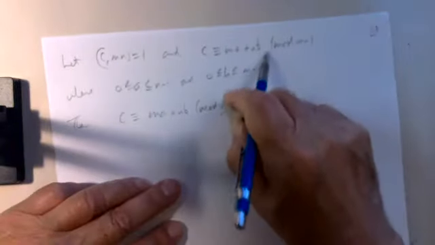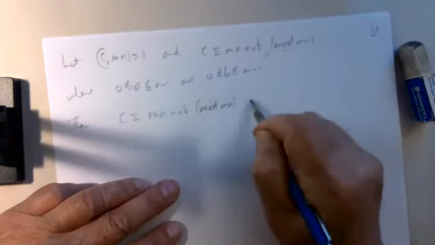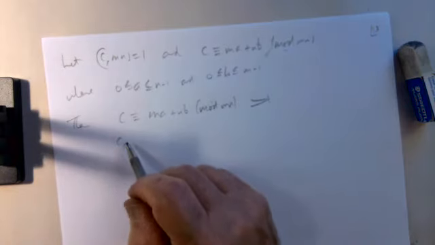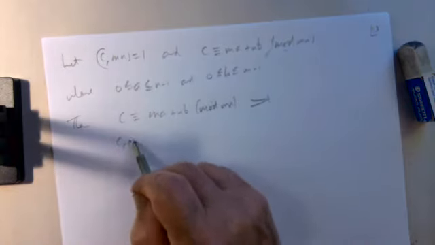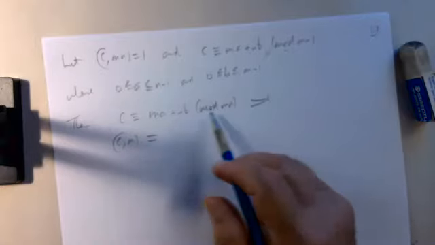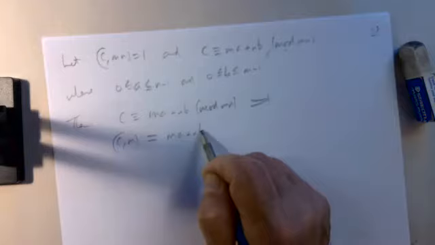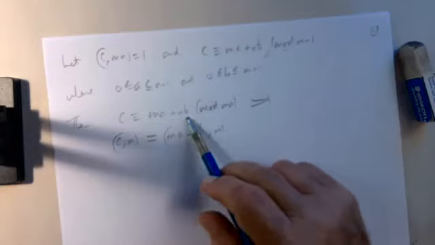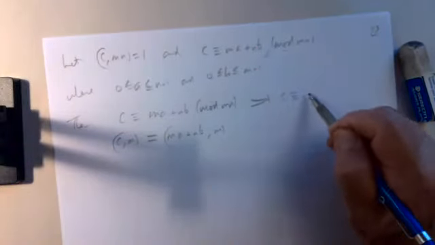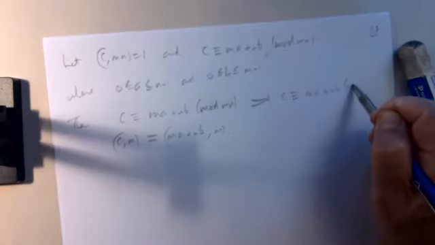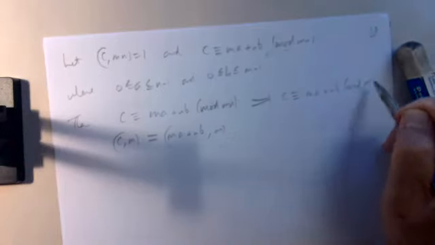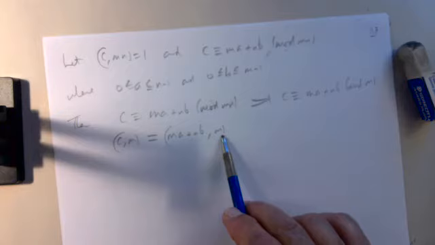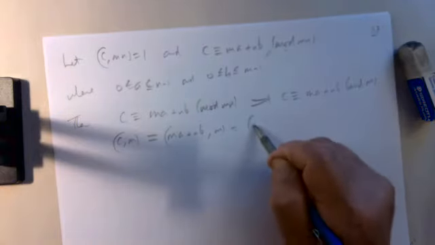So if C is congruent to MA plus NB mod MN, this means that the greatest common divisor of C and M is the same as the greatest common divisor of MA plus NB and M. So if C is congruent to MA plus NB mod MN, it means C is congruent to MA plus NB mod M. So the greatest common divisor of C and M is the same as MA plus NB and M, which is the same as NB and M.